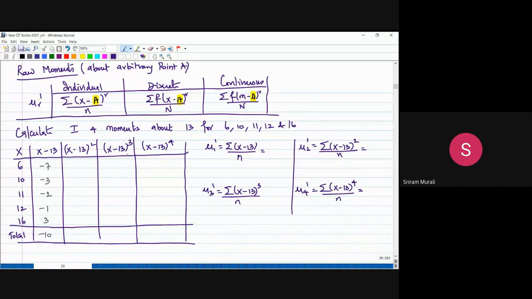So x minus 13 the whole square. If I square this, 49, 9, 4, 1, 9, add this, you will get 72.